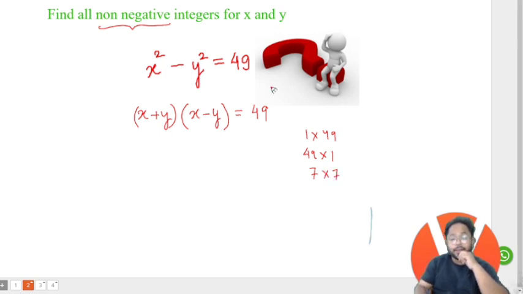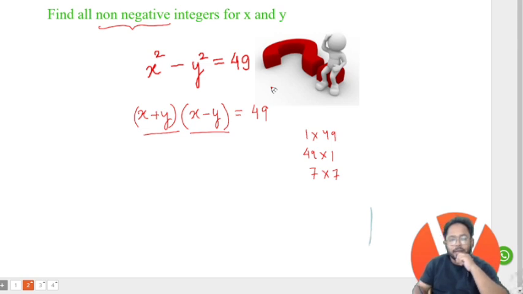Now this x plus y has to be positive, and this is only possible when we have two positive integers. Similarly, x minus y has to be positive only. As it is being asked here, non-negative integers, that means the positive integers we have to think.